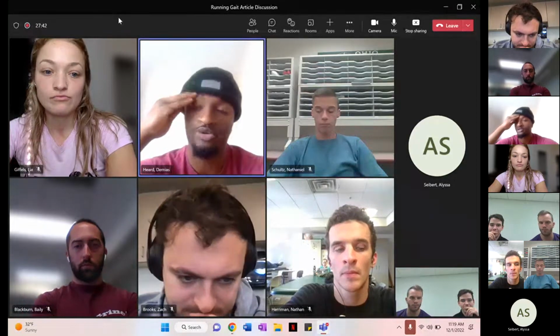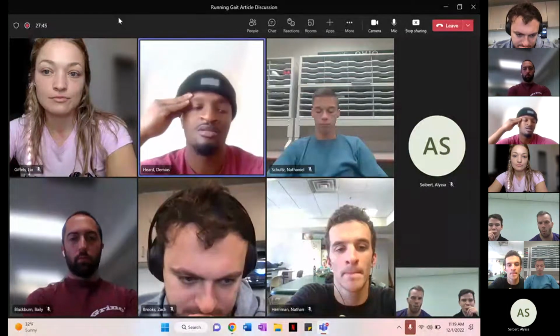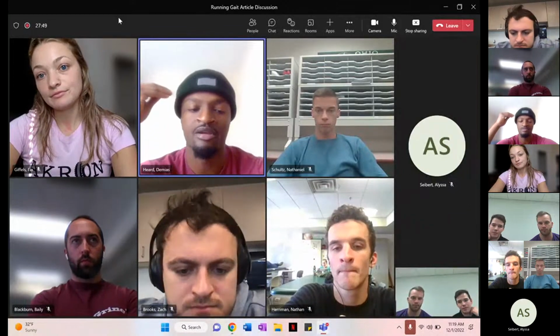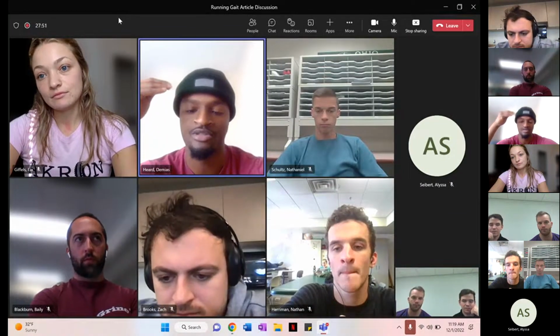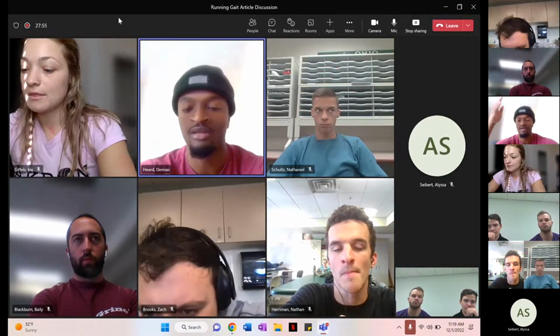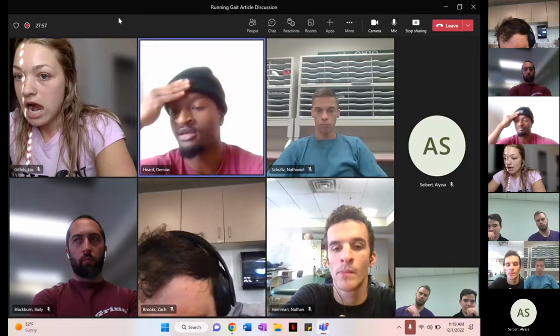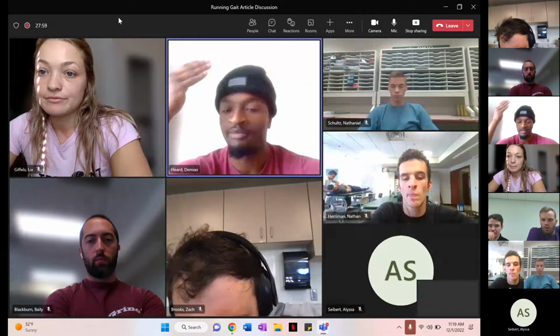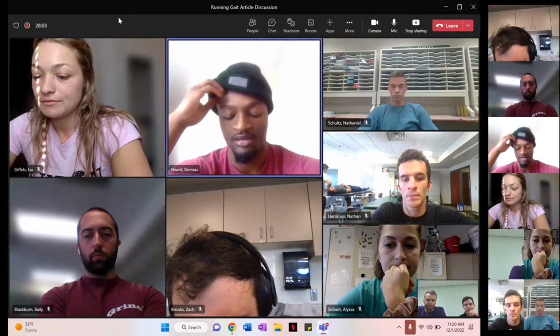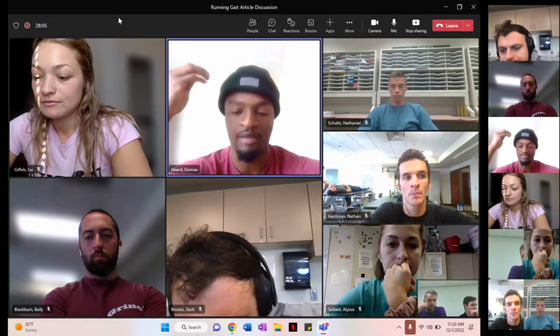Sticking with the shoe prescription, I think it also depends on whether the injury they have is being caused by the shoes they're wearing, or it's just a kinematic contribution from the way they run. So it's almost a chicken or the egg scenario. I think it also depends on how long that person's been wearing the shoe.